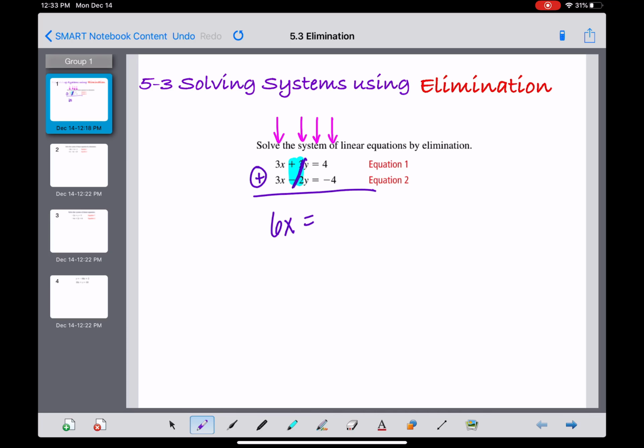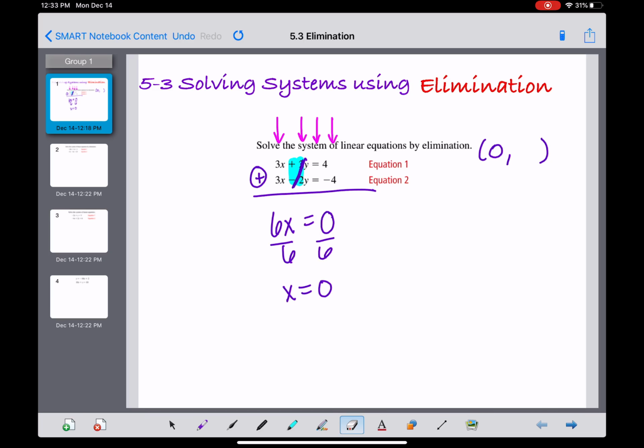That is equal to 4 plus -4 is also 0, but I can't leave a side blank, so I have to fill in 0. Once I divide out by 6, I already get my first coordinate, or x value, within the coordinate of 0. However, I am not done because I need to find the y coordinate.